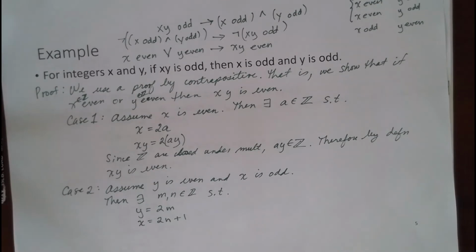All right, so when we multiply x times y, we're going to get 2m times 2n plus 1. And we can rewrite that as, I'm only going to distribute the m through, so I can leave that 2 out. And that will be 2mn plus m.